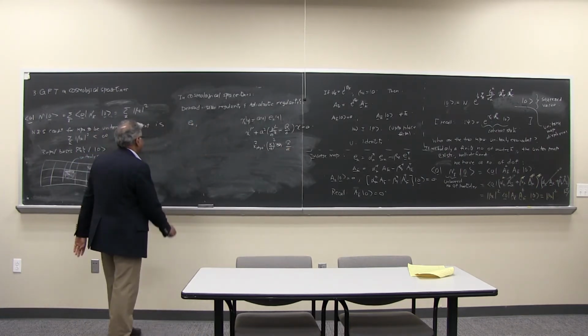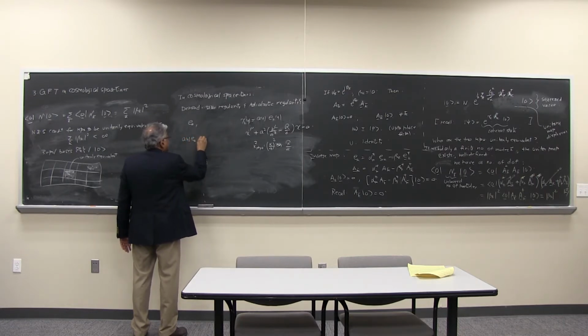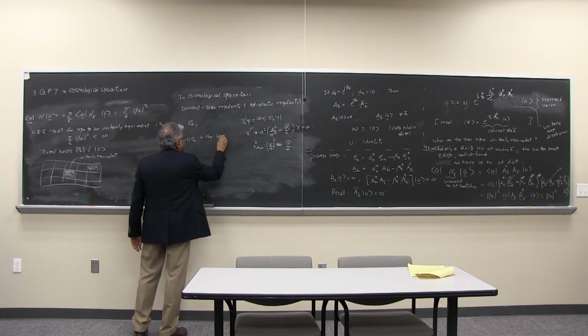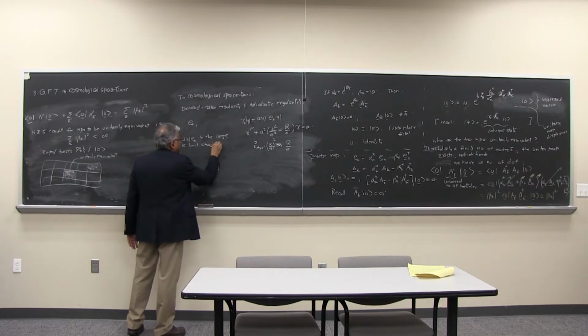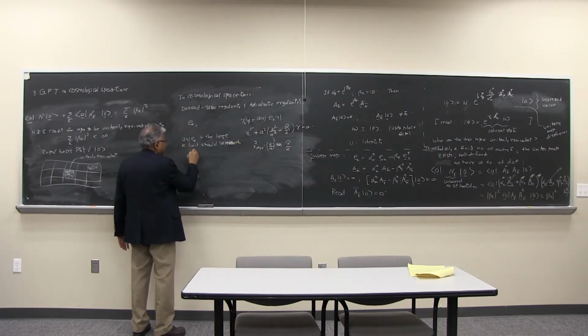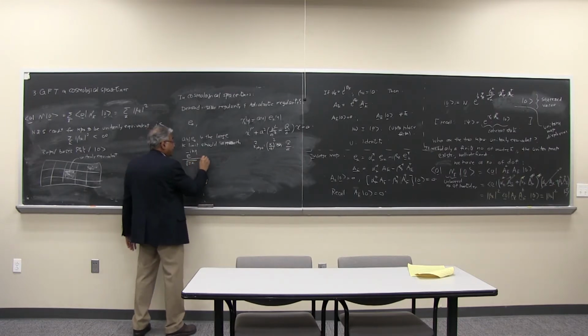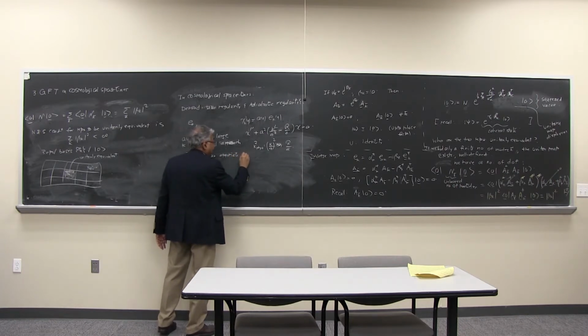So we just want to ask that A of eta times E_k, in the large k limit, should approach e to the minus ik eta upon square root of 2k in an appropriate manner.